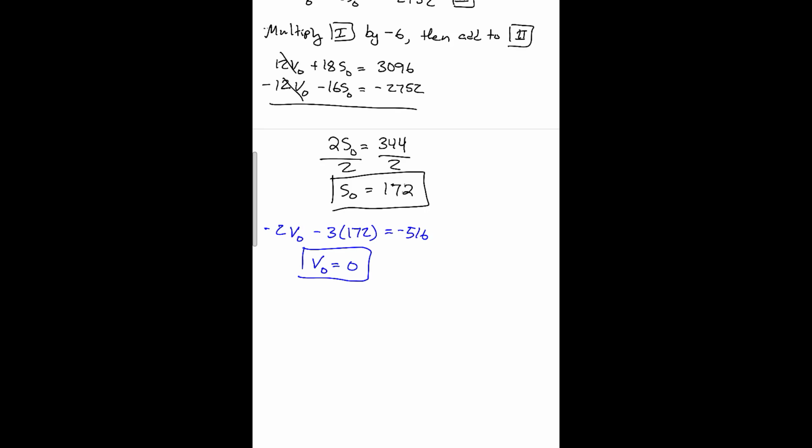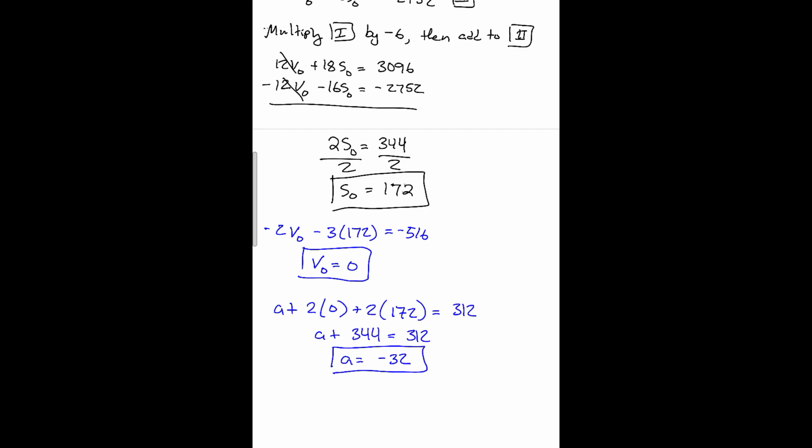The first one was a plus 2 v naught, but v naught in this case was 0, plus 2 s naught, which is 172, equals 312. So 2 times 0 is just 0. I have a plus 344 equals 312. Solving for a, we get an a value of negative 32. We found all the missing parts of our equation.